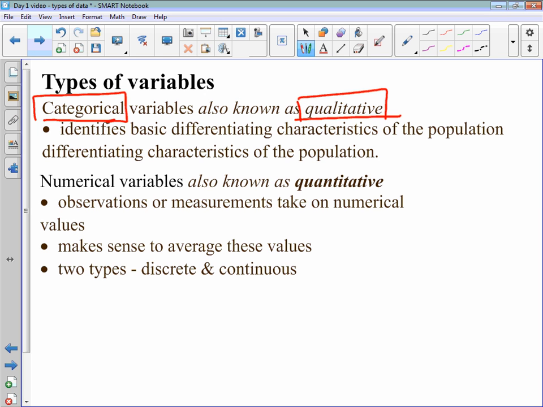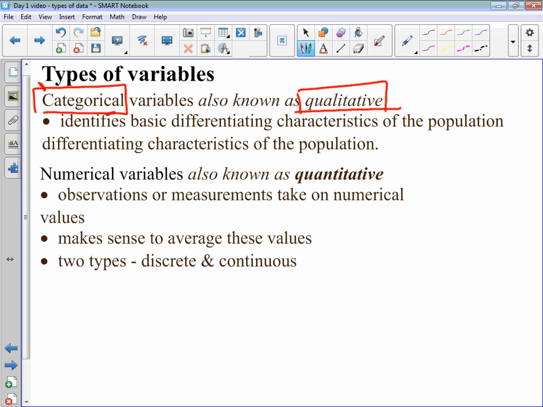If we went out on the side of the road and collected data on the cars that went by and we picked the colors, there's red, there's green, there's blue, there's white, there's silver, there's black, but we're going to drop them into different categories. We're not going to measure the color, we're just going to count them. So generally in a categorical variable, it'll be something that you're counting the number of.